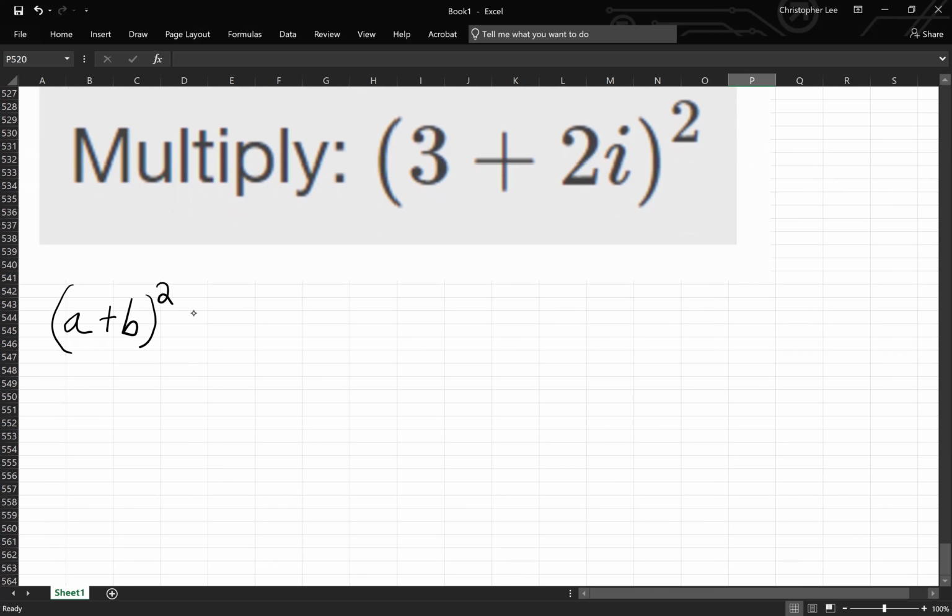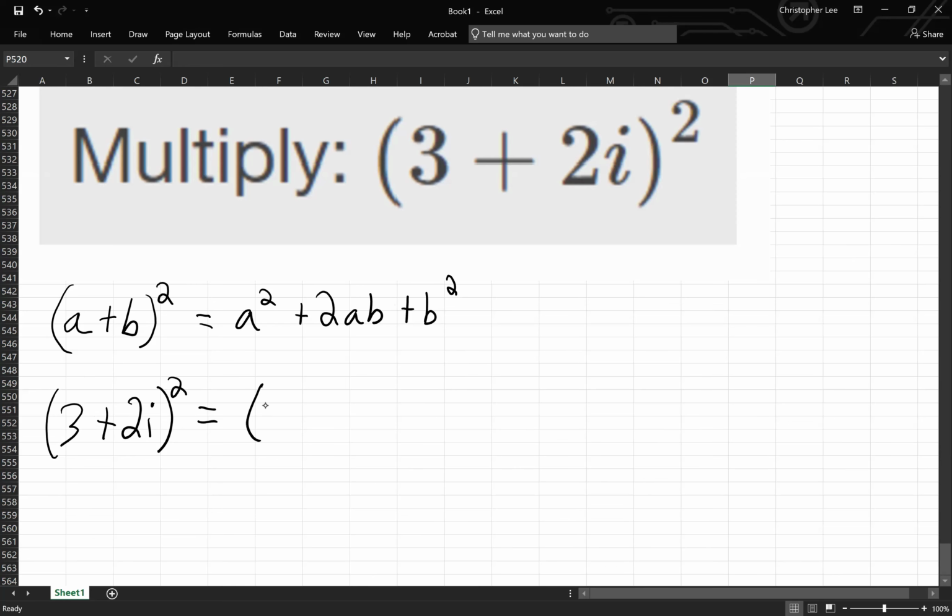So this square pattern is (a plus b) squared, right? Which becomes what? a squared plus 2ab plus b squared, right? So this becomes, let me try that again. That becomes (3 plus 2i) squared, right?